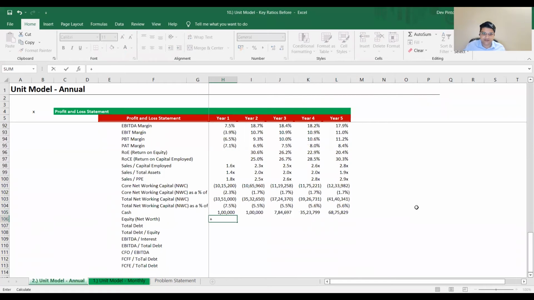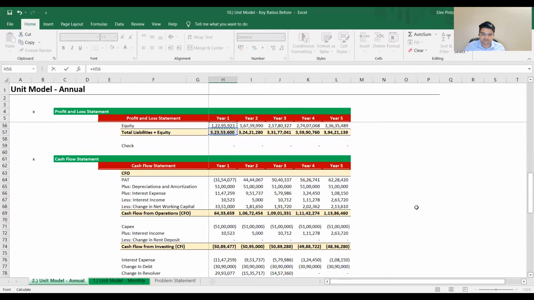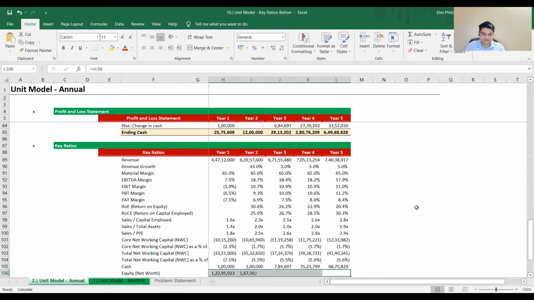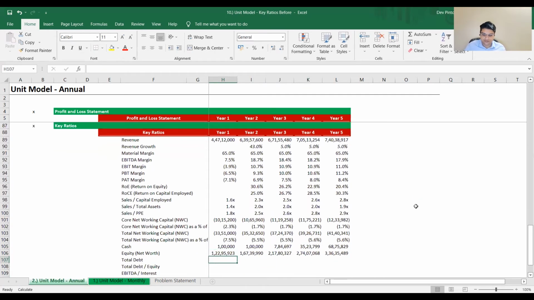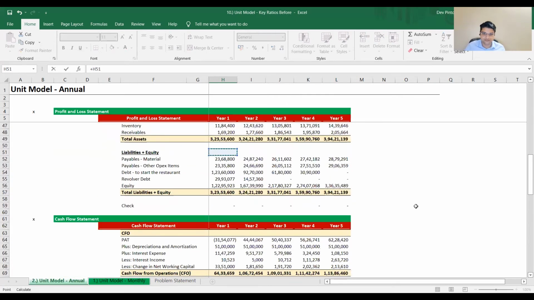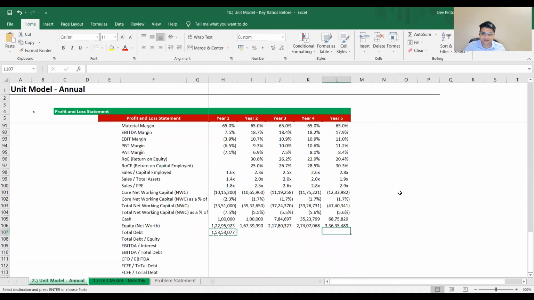Next is equity. Total debt, which will be nothing but debts required to start the business plus revolver debt. Next is debt by equity, which is nothing but this divided by this.